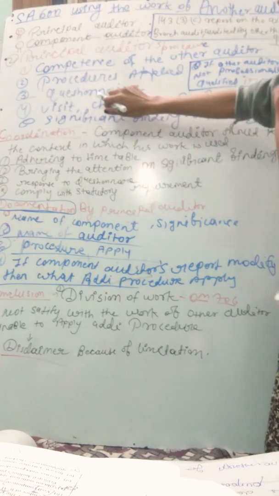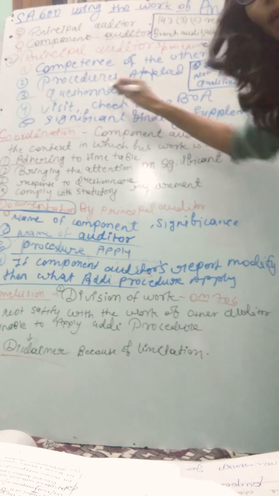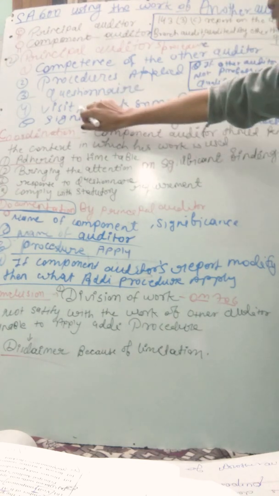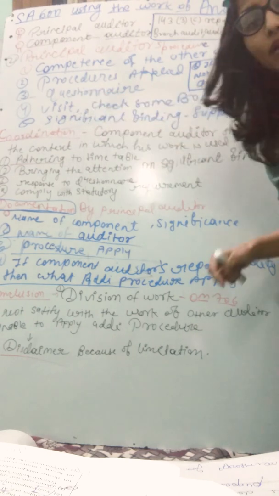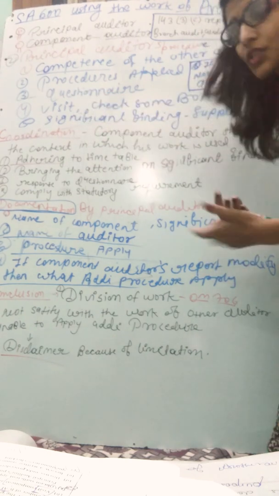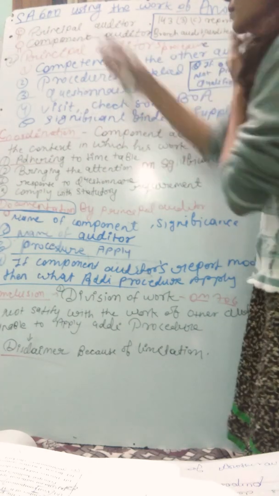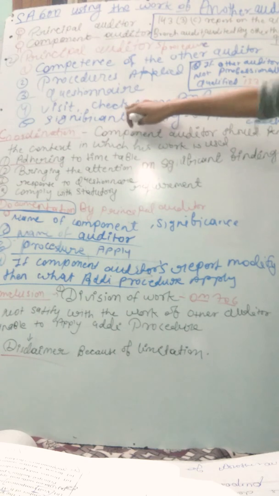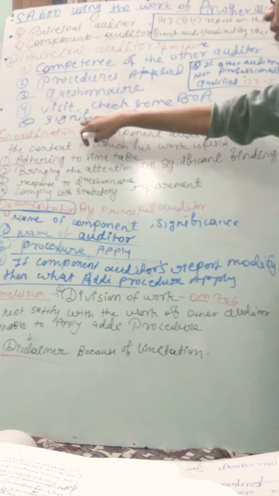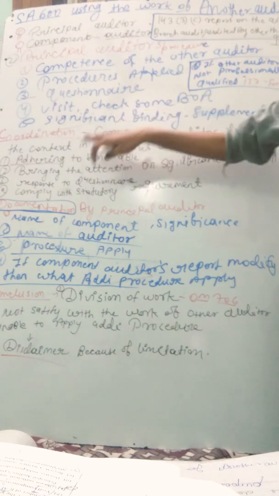So the component auditor should fill the questionnaire, and the principal auditor can visit the branch or component. This is not an obligation, it is the power of the principal auditor that he can visit the component, check some books of accounts, and observe the results of this checking.